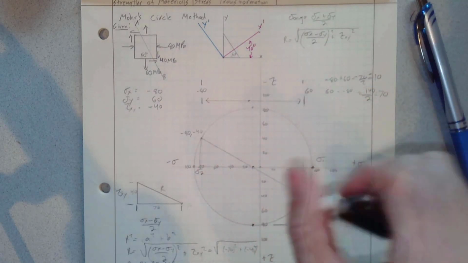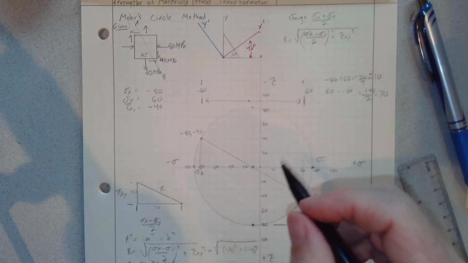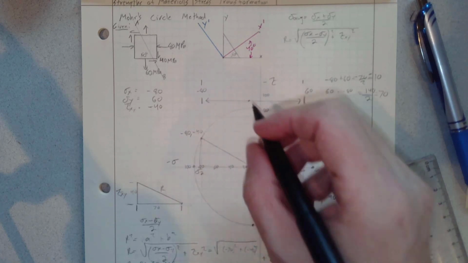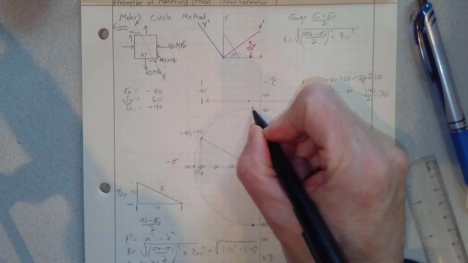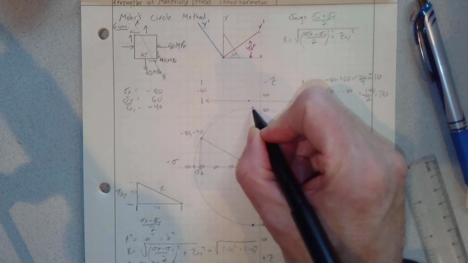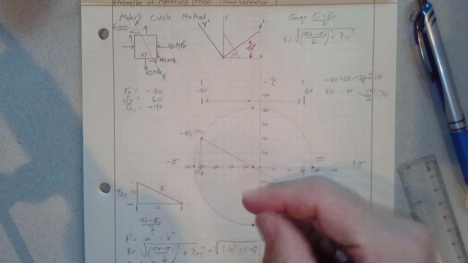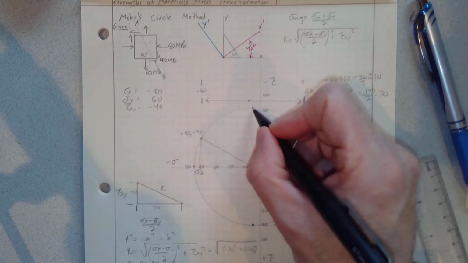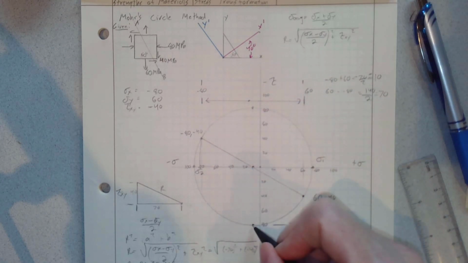Okay, so just getting that out of the way, now we can look at how far we would need to go. So let's find what we would need to rotate to get to this max shear stress up here. And again, there are two planes for that, right? We have max shear stress up here and up here.